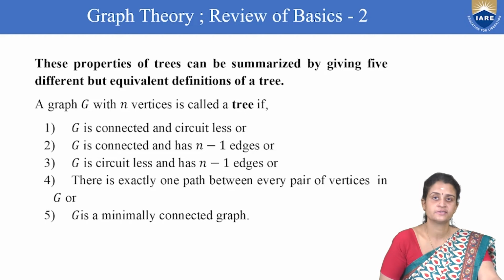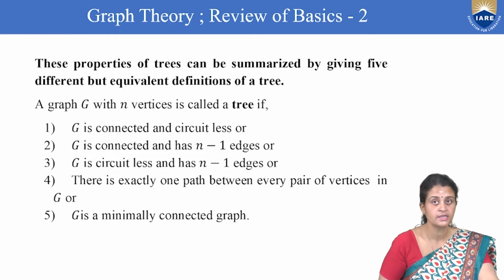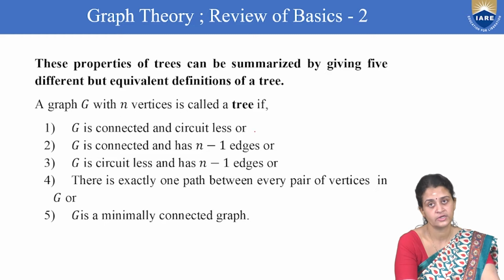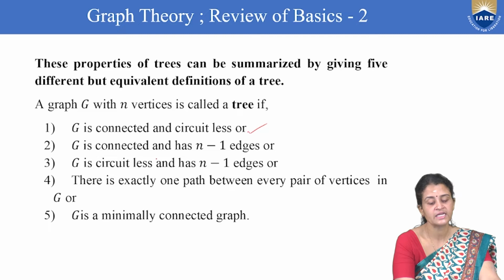Let us see what they are. A graph G with n vertices is called a tree if G is connected and circuitless. Next, G is connected and has n minus 1 edges.